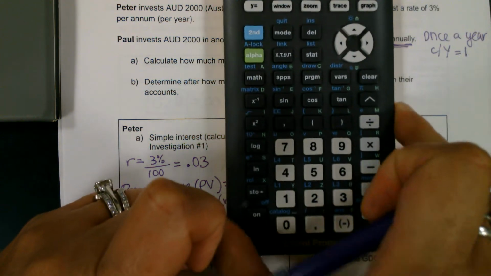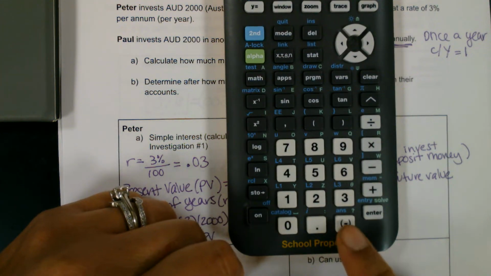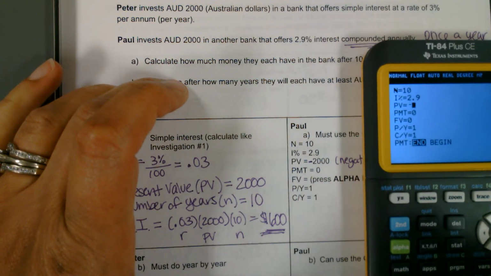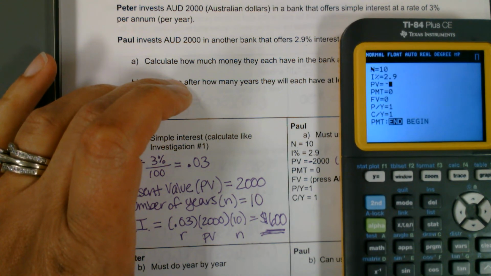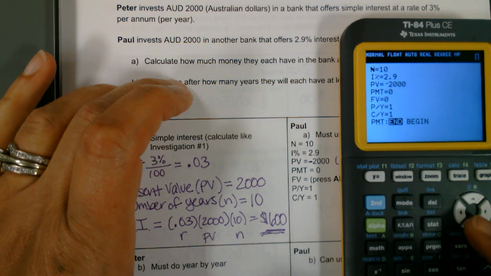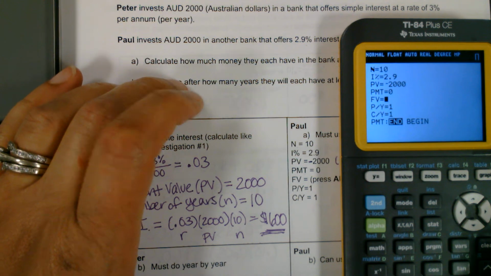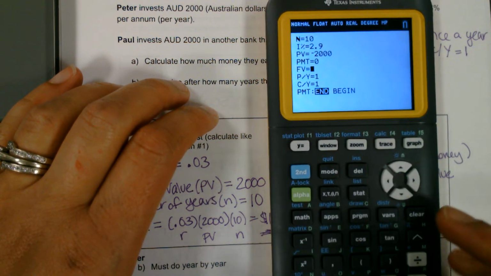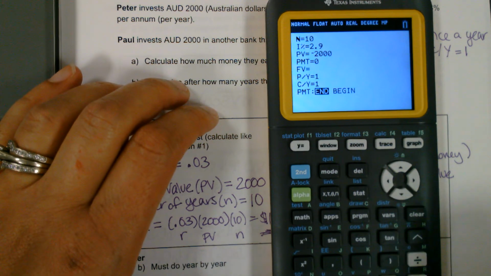Now be careful because the present value is negative. So you have got to use this negative sign right here. Use that negative. So negative, and we're going to put 2,000 in. PMT is 0. Now future value, we want to erase this, so we're just going to press the word clear. We want to clear that out.